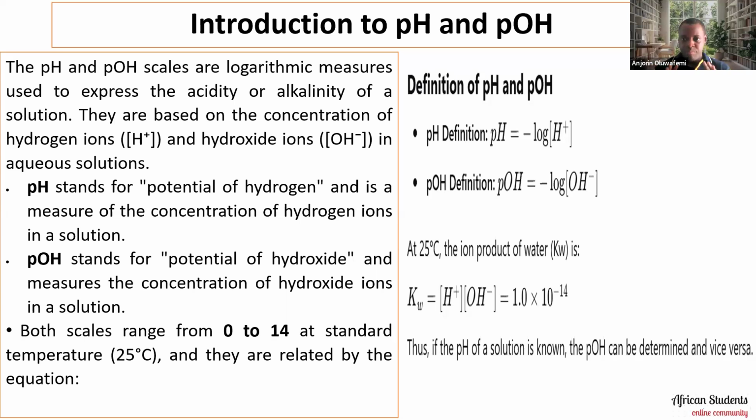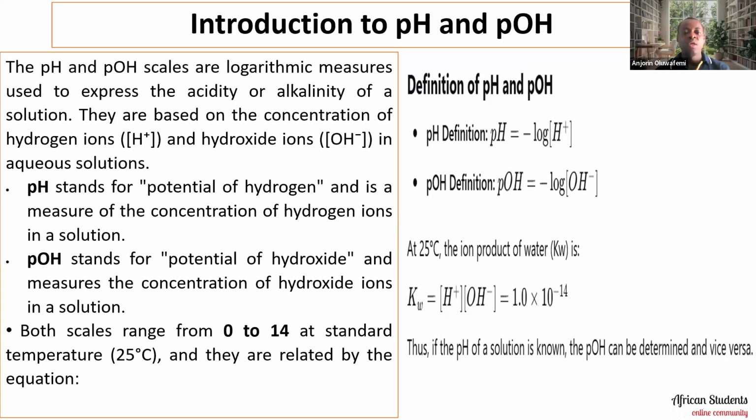So pH stands for potential of hydrogen, and it is a measure of the concentration of hydrogen ion in solution. pOH, on the other hand, stands for potential of hydroxide, and measures the concentration of hydroxide ions in a solution.